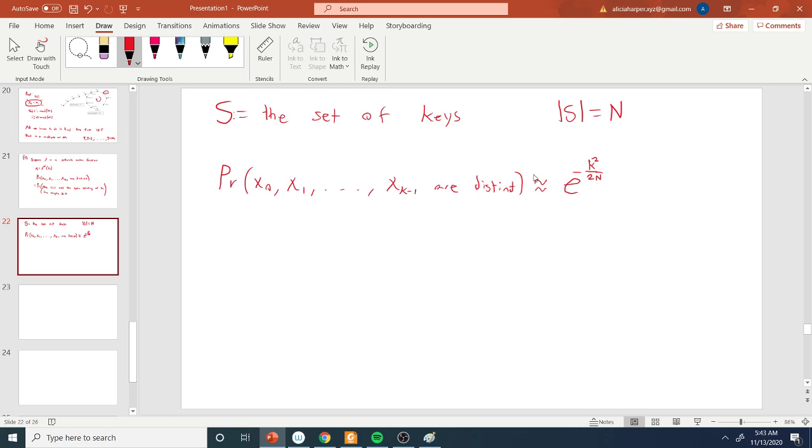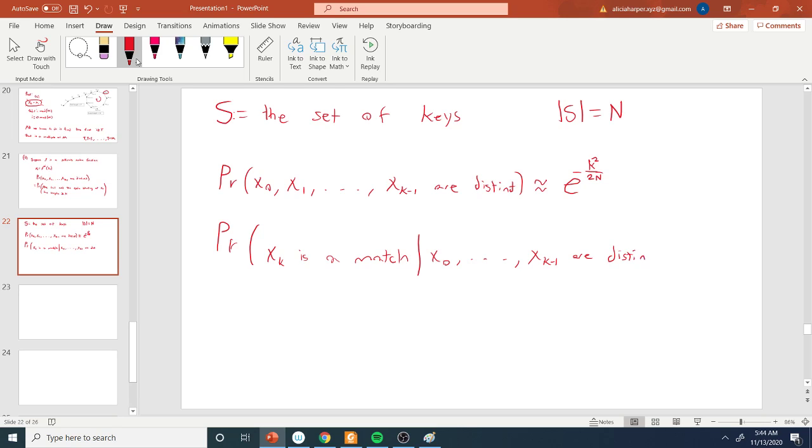Now, because of this, we can also look at the probability, and this is a conditional probability, that x sub k is a match, given that x0 through x sub k minus 1 are distinct.